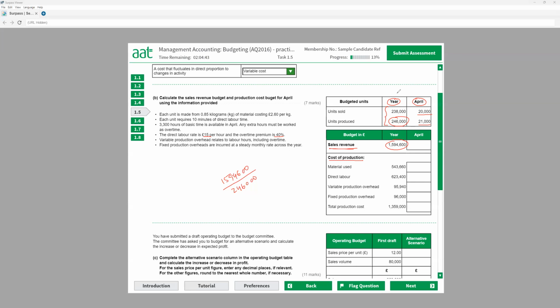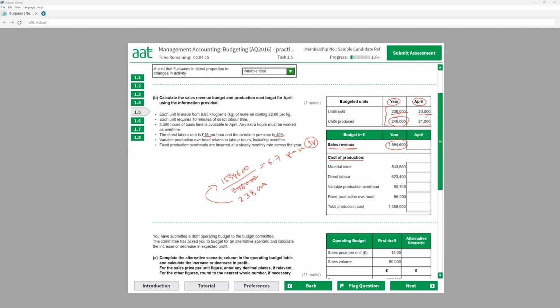So you should divide by the units sold, not the units produced. You should divide by 238,000, because we sold 238,000 units for 1,594,600. So 1,594,600 divided by 238,000 gives 6.7 per unit, that's the selling price.